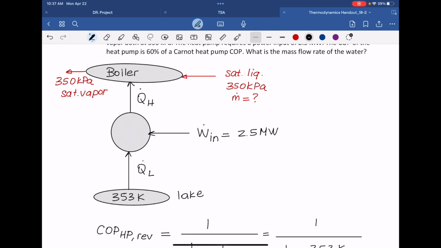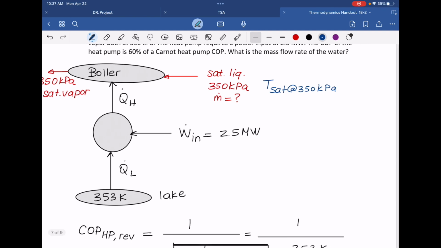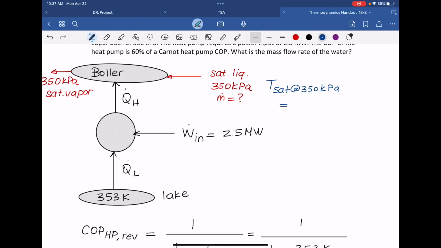And because of the heat absorbed from the heat pump, the phase change is going on. And this can only happen at the saturation temperature at that pressure. So if you look at the saturation temperature at that pressure, which is from the tables for water, it is 138.86.